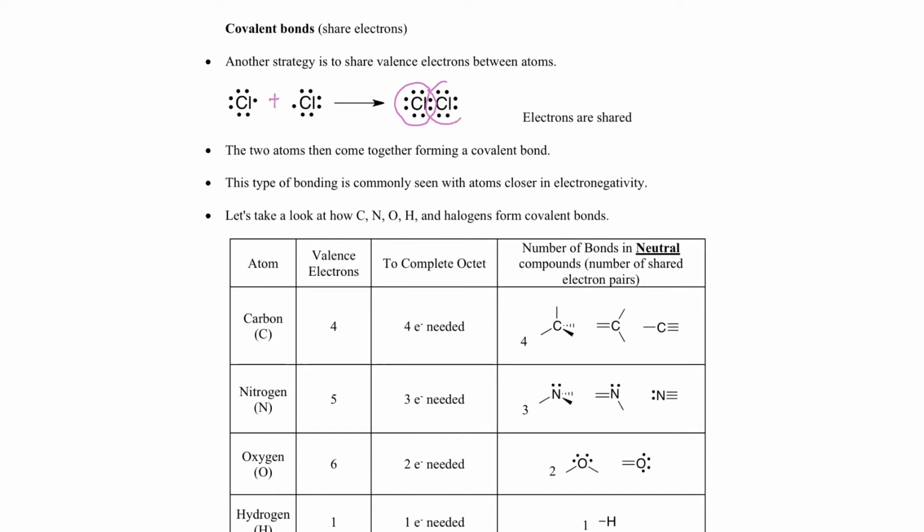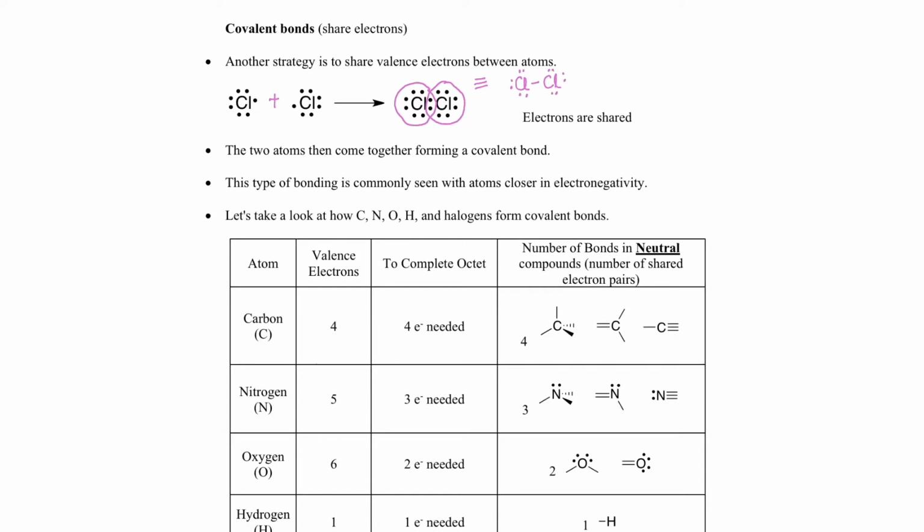You can also draw them differently here in OChem. You don't have to draw all the electrons. You can just draw a bond between the two and then fill in the lone pairs. This can also happen with another example.